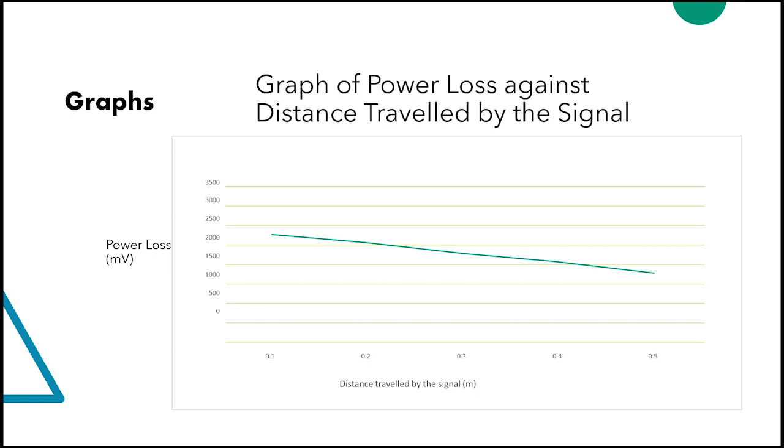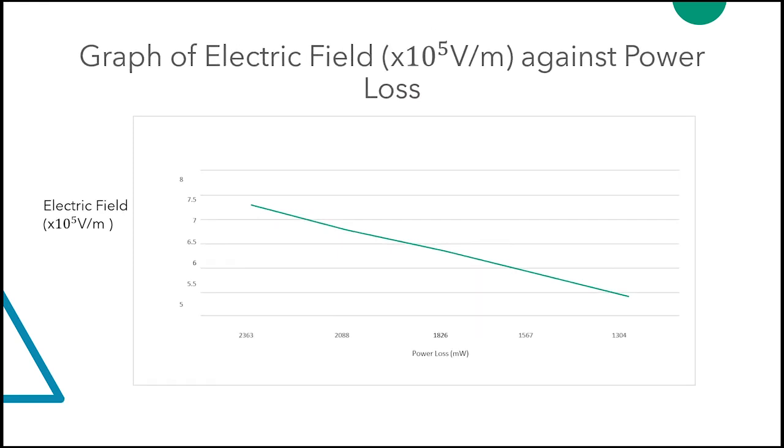As a result, the wavelength of the radiating wave will lengthen, and in contrast, the frequency of the waveform will drop as the distance from the source increases. In addition, it can be seen from the graph of power leakage versus electric field that there is direct proportionality between the two.